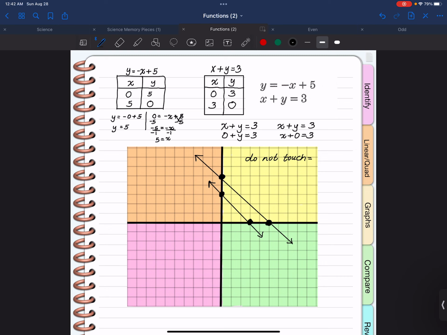This is an inconsistent system. If you have an intersection, the point of intersection will be the solution. That's an independent system. In this case, they don't touch at all. That's an inconsistent system.